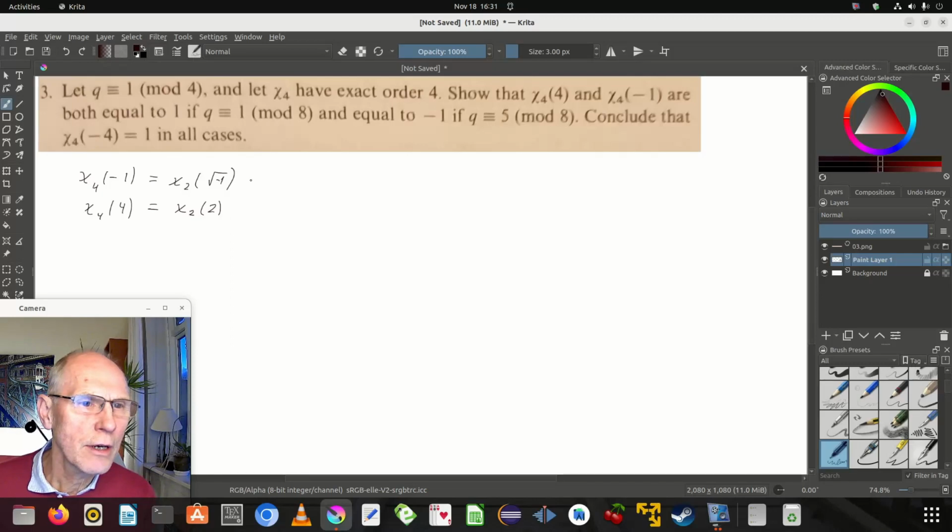And now let's take this one first. That's easy, because it just equals 2 over the Jacobi symbol, 2 over q.